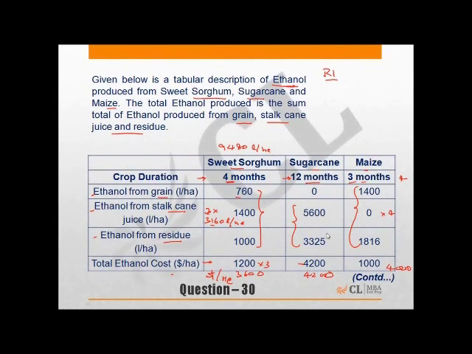For sugarcane, 5600 plus 3325, that is 8925 liters. Again, when it comes to maize, it is 1400 and 1832, which is 3216. But since it's a 3-month duration, in a year I'll have 4 times the crop. So 3216 into 4 makes it 12864.